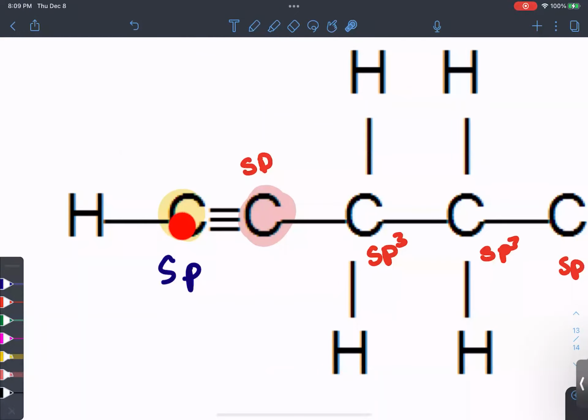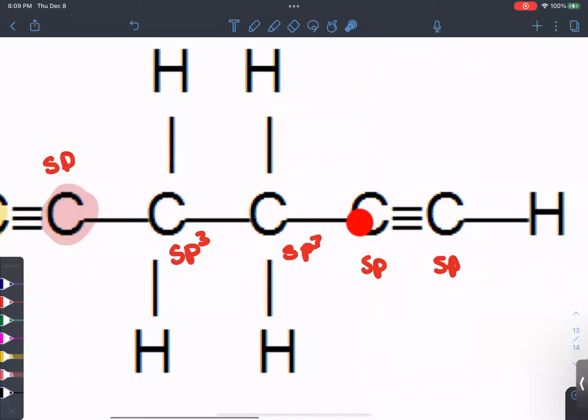The other 2 are untouched. How many unhybridized p orbitals are on this carbon? 2, so that makes 4. What about this carbon? 0. What about this carbon? 0. What about this carbon? 2 more, so now we have 6, and then this one, 2, so that's 8. So 8 unhybridized p orbitals are required.